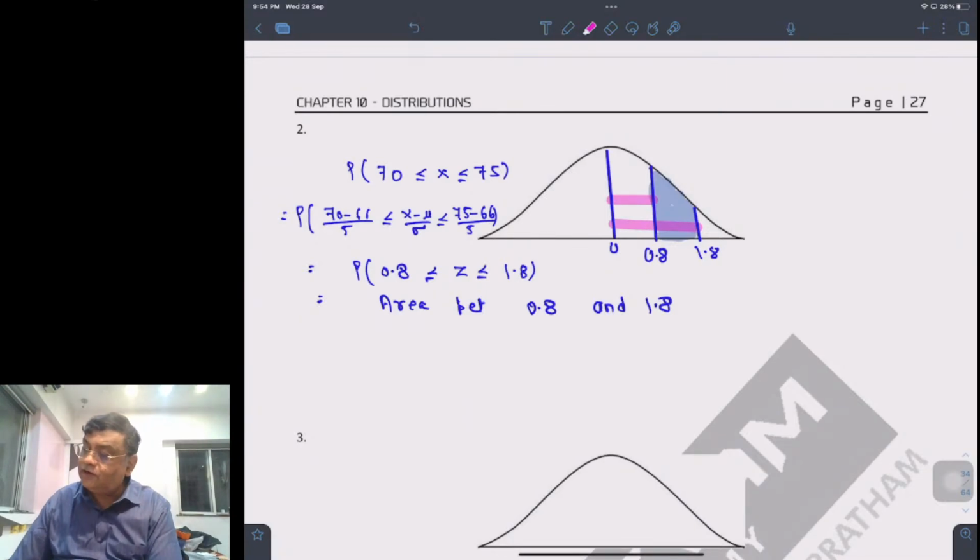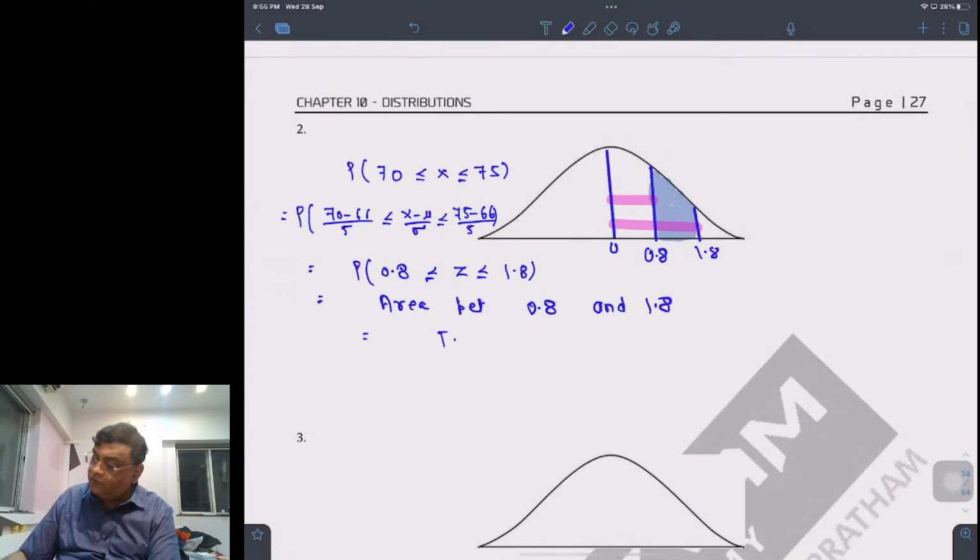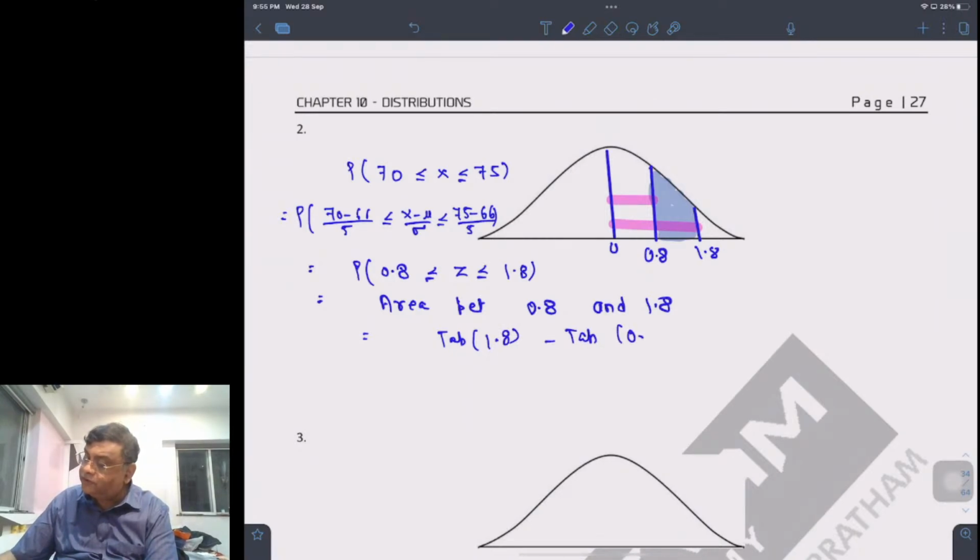और जब इन दोनों में का डिफरेंस लेंगे तो फिर आपको मिलेगा वो कवर्ड एरिया कितना. So it is the table value for 1.8 minus the table value for 0.8.